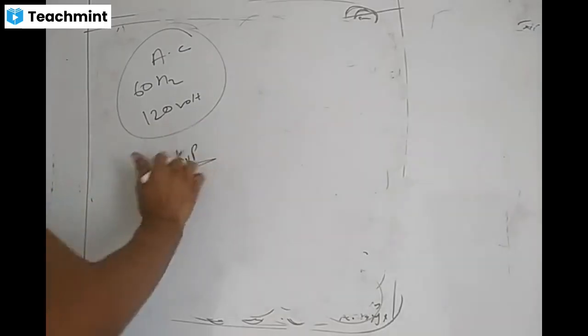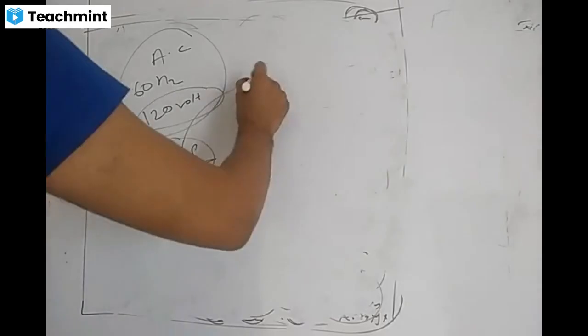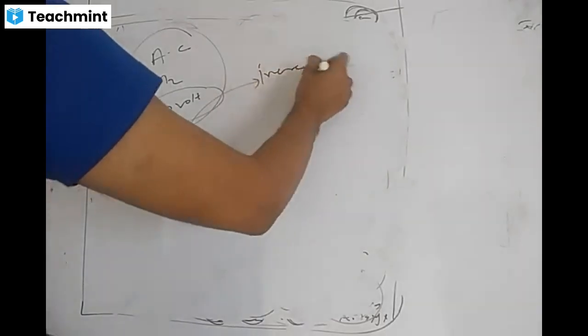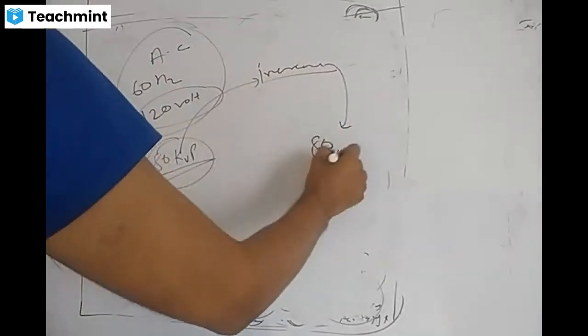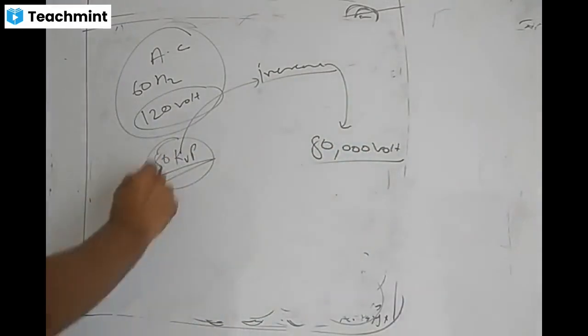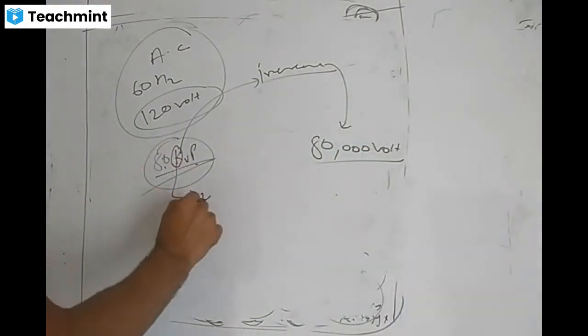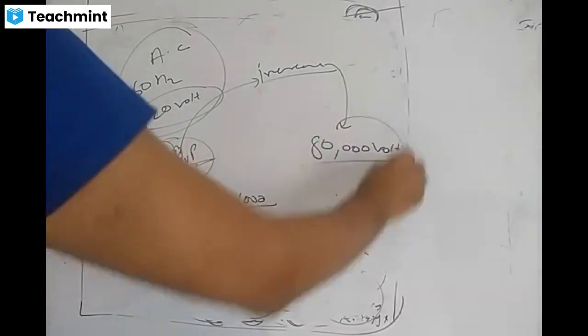It means this 120 volt, we increase the 120 volt to 80,000 volt. This is the meaning. 80 kVp: k means kilo, kilo means 1000, so 80 means 80,000 volts.